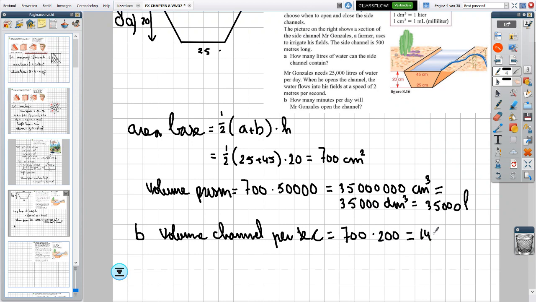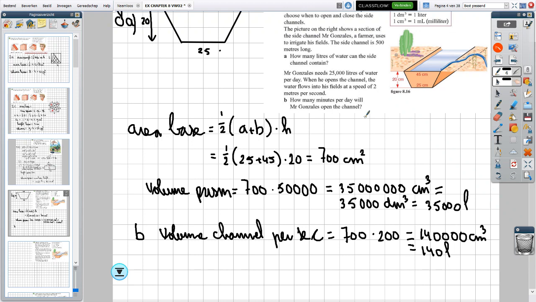That gives me 140,000 cubic centimeters. And I wanted to convert to liters again, so that's going to be 140 liters. That's 140 liters per second, right? Because that's what happens when I open this channel up. In 1 second, this will flow through.